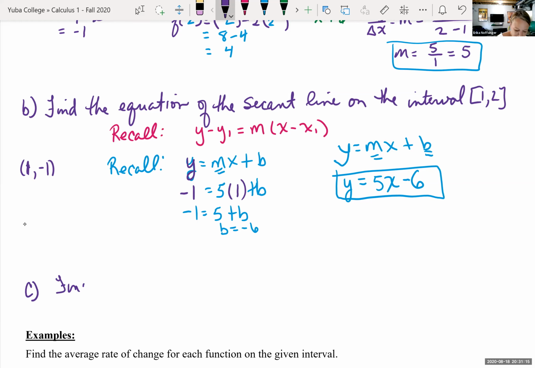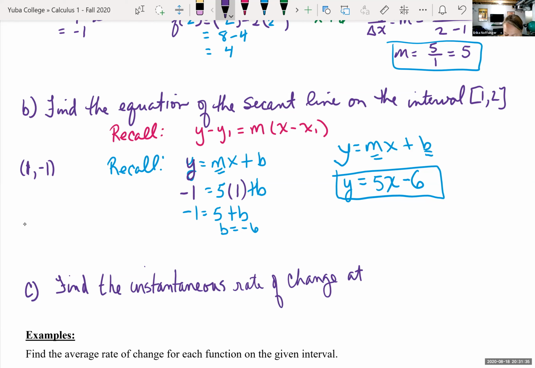So let's find the instantaneous rate of change at x equals 1. So we want to know what's happening here. What is our slope when x is equal to 1 on that function? Let me go back up and grab what that function is.